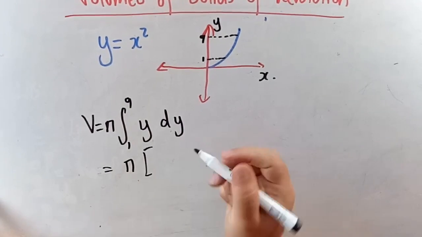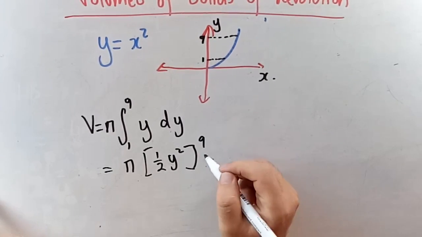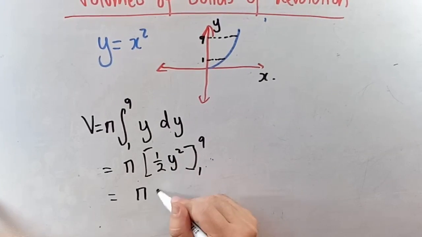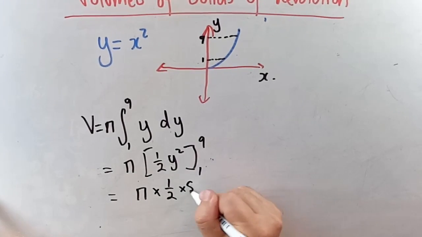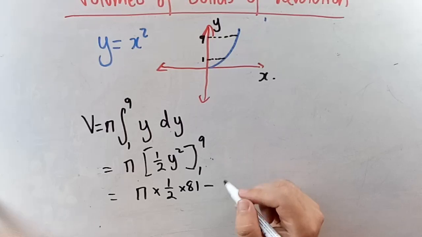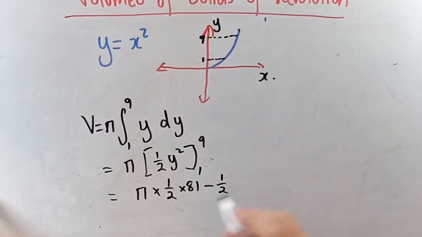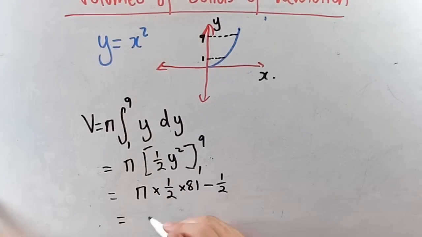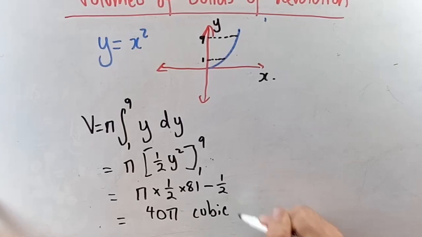So we've got, let's take the integral, y squared, 9 and 1, pi times 1/2 of 9 squared is 81, minus half of 1 squared, which is just half. So I get 80 on 2 pi, which is 40 pi cubic units.